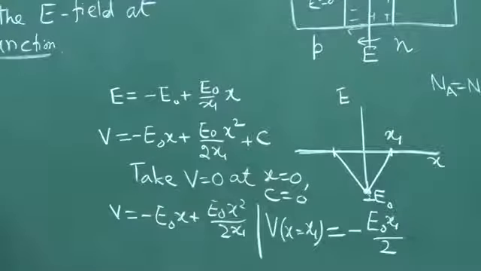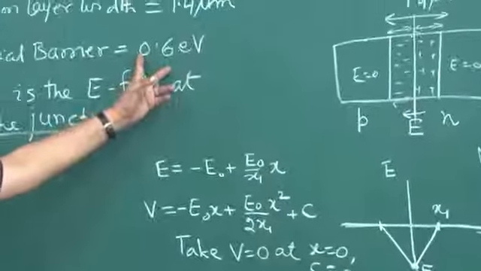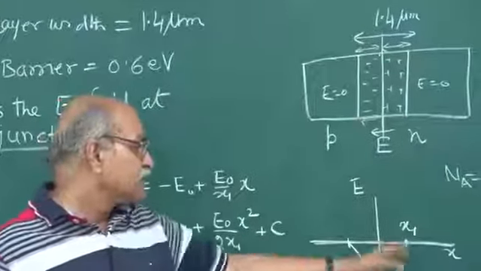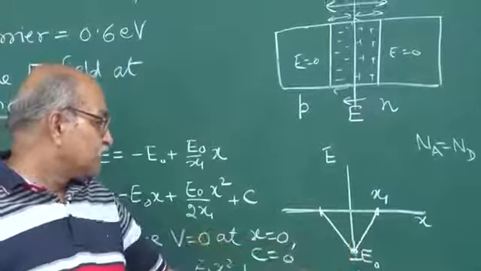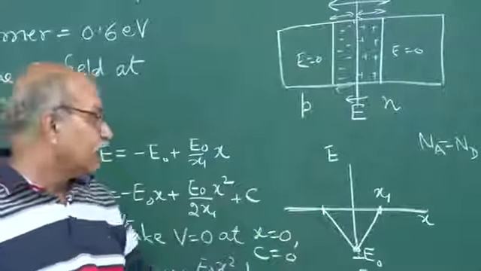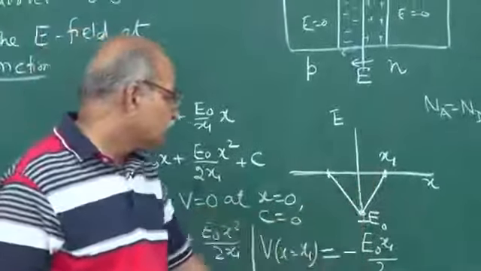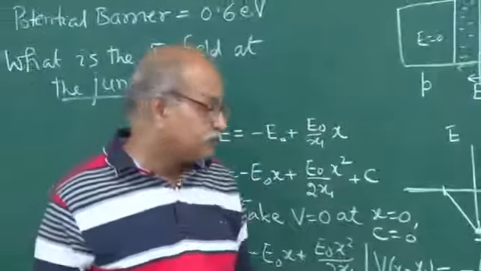But the total potential barrier is 0.6 electron volt, and it is symmetric. So if you have 0 potential here, and on this side it is something, the same will be on the other side, and this difference from x equal to 0 to x equal to x1 should be 0.3 volts.